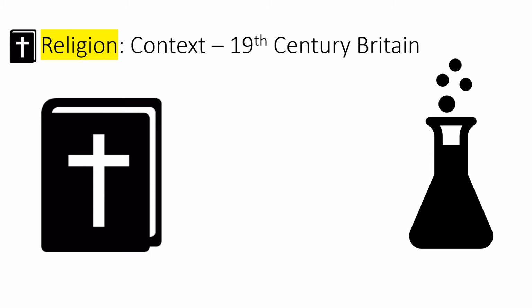Now, just to give a little bit of context to this, 19th century Britain was a time where the tension between science and religion was a source of conflict in Victorian society. There's no great new information to you. I'm sure you remember the work that we did on context.